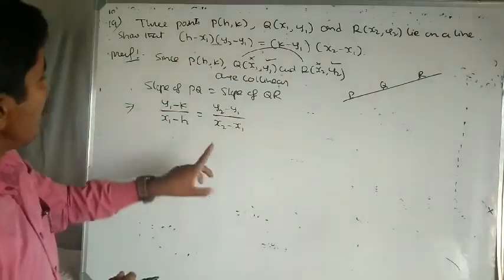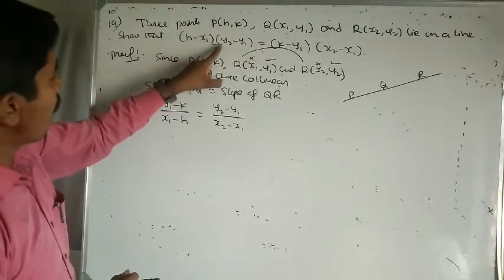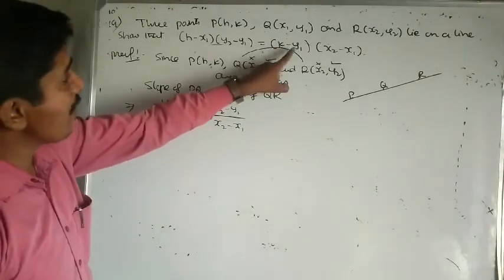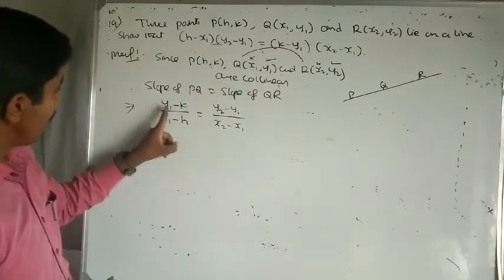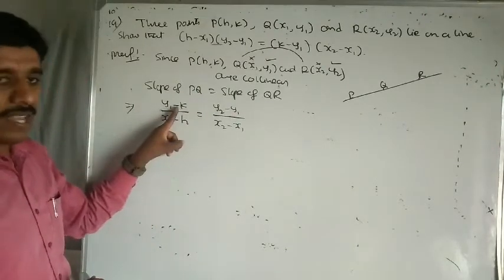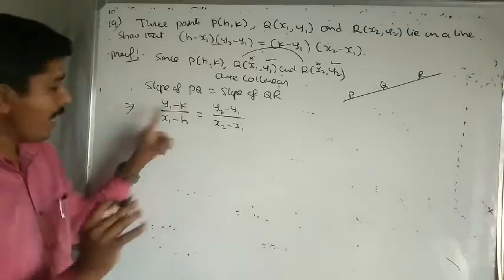So what do we have to prove? h minus x1 into y2 minus y1. Here we have x1 minus h. Next, k minus y1 into x2 minus x1. Here we have y1 minus k. Therefore, I am taking the common factor minus in both numerator and denominator.